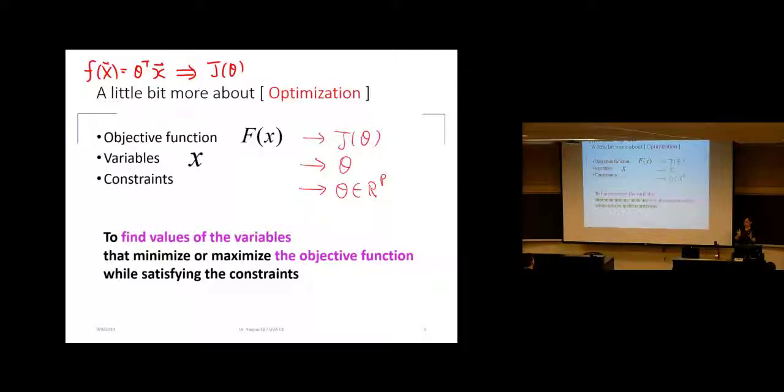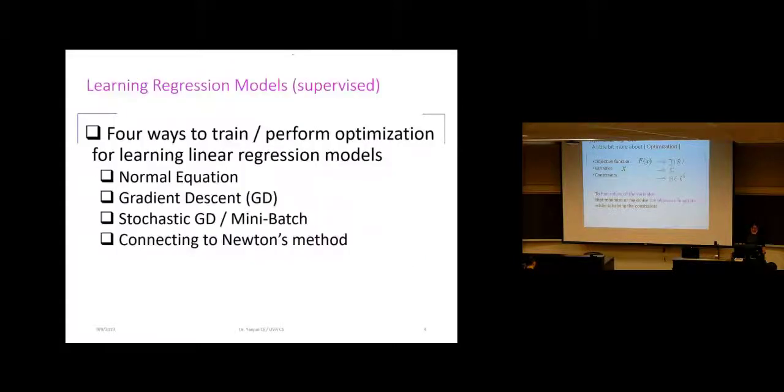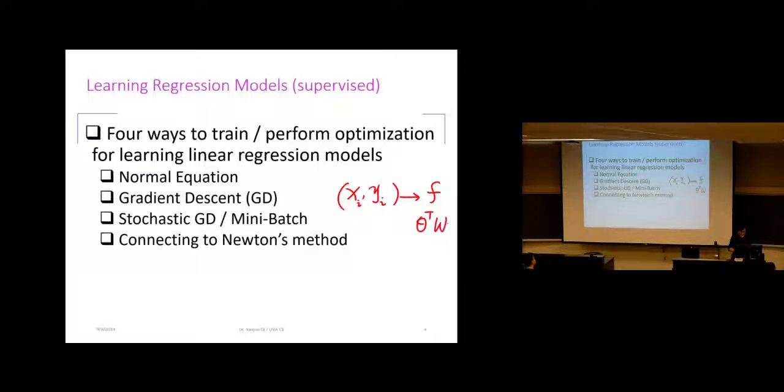We use xy pairs to learn f, but how do you learn it? This is more like a review of what we had before. So we use xy pairs, trying to learn f, and that f is represented as theta transpose xi.